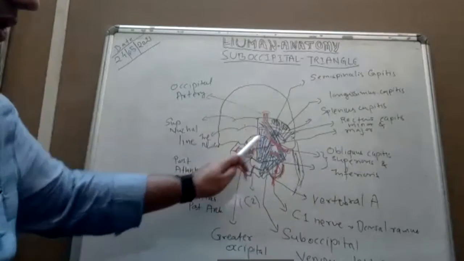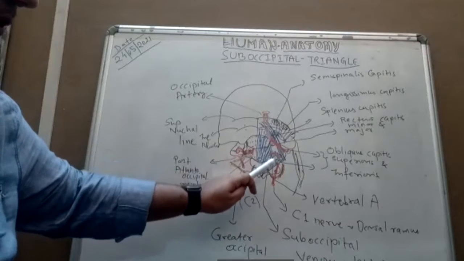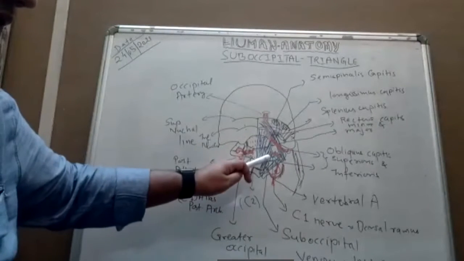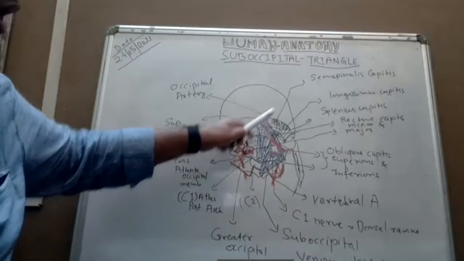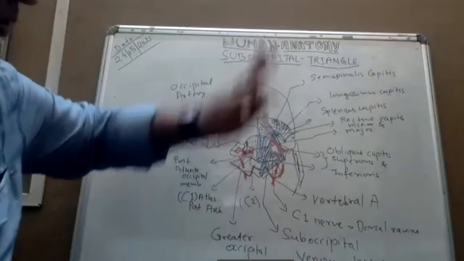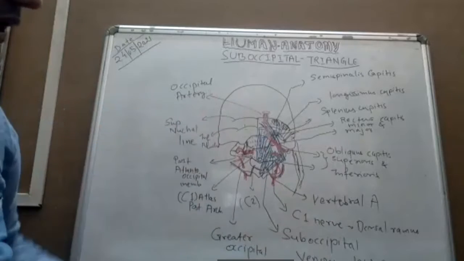So these are forming the triangle posterior to the junction between the occipital bone and the first cervical vertebra, the posterior part of the first cervical vertebra. So these are the boundaries. The other structures forming the roof are the semispinalis capitis, longissimus capitis, splenius capitis, and the superficial-most is the trapezius muscle. So this whole structure is covered by the trapezius muscle.